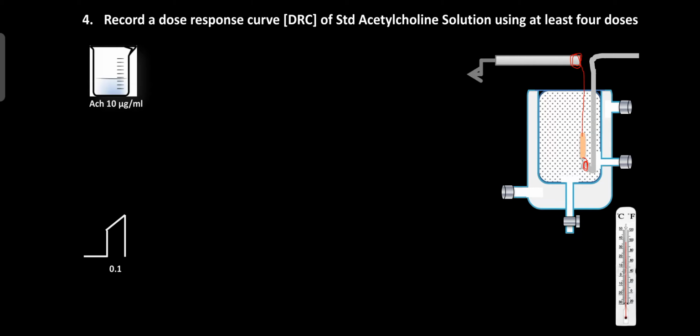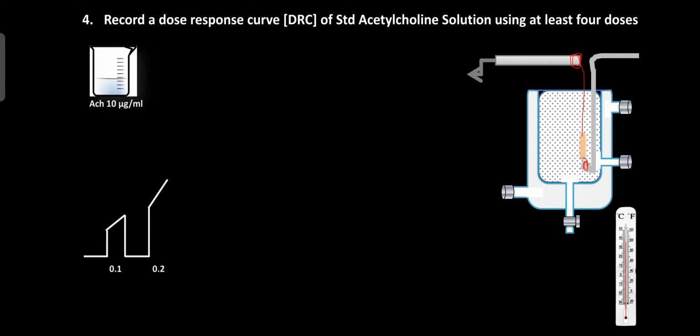After the washing period, record the baseline for 30 seconds. Add 0.2 ml of standard acetylcholine solution and record responses for 30 seconds.